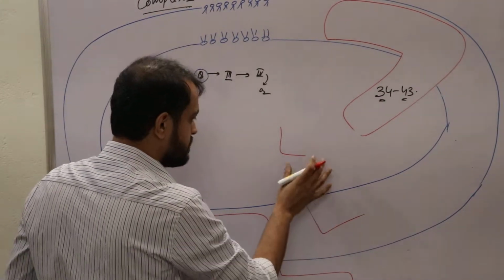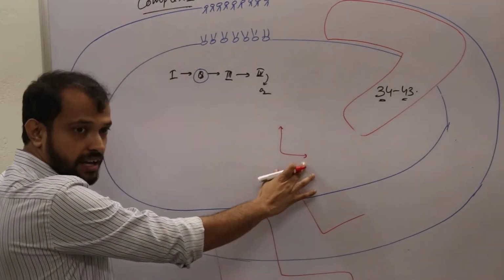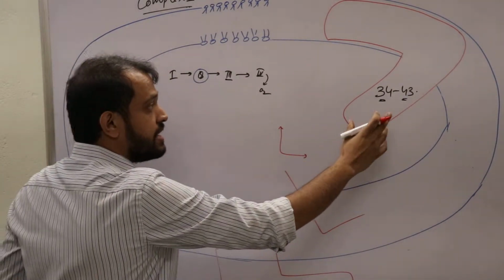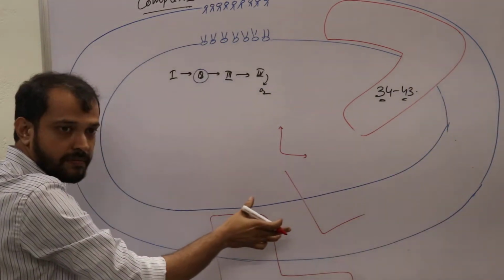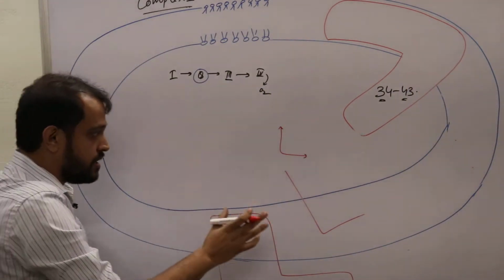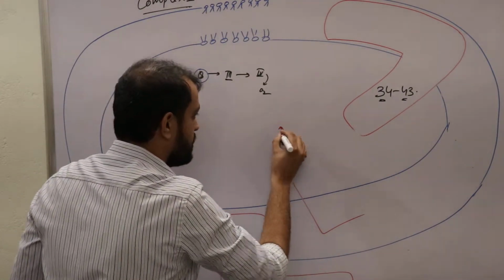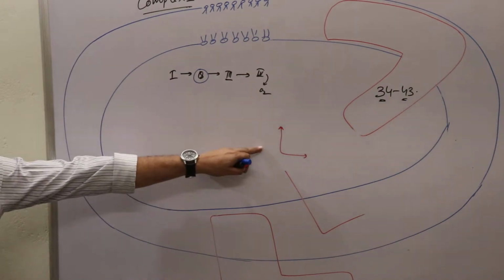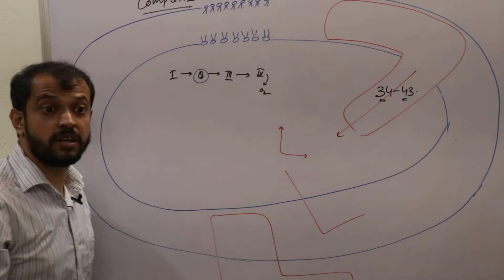That means the horizontal portion of the L should lie in the inner membrane, the inner membrane lipid bilayer, and the vertical portion of this L should be directed towards the matrix of the mitochondria.